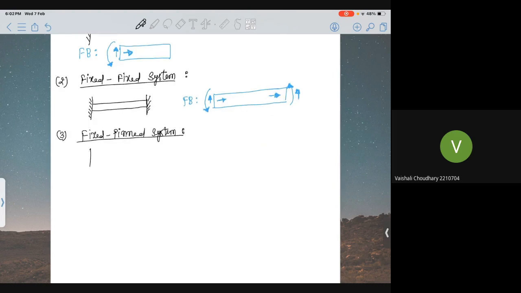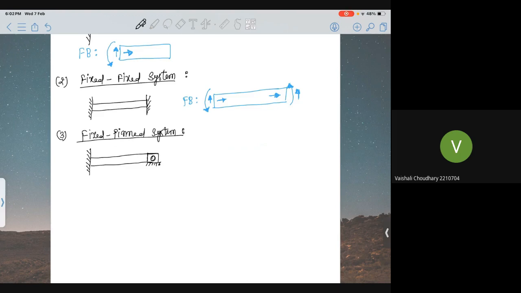In the fixed-pinned system, again one end of the beam is fixed and the other end is pinned. There's a hole and this pin is fixed to the bottom.